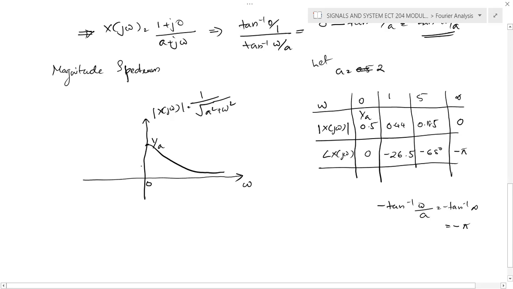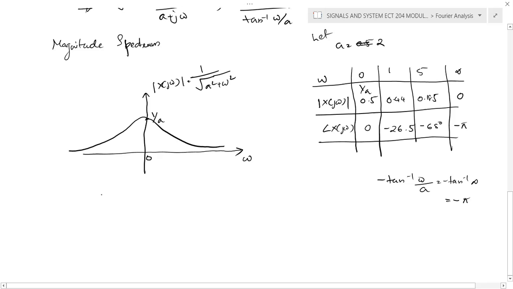It's decreasing, and we know that it's an even function, so you'll get exactly the same behavior on the negative side also. So this is the magnitude spectrum of the signal. When omega reaches infinity, the function magnitude becomes 0. So this is a standard signal. The spectrum will be like this.